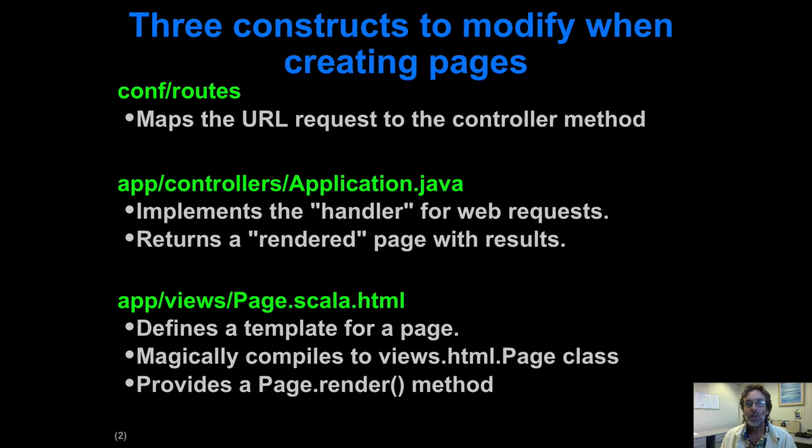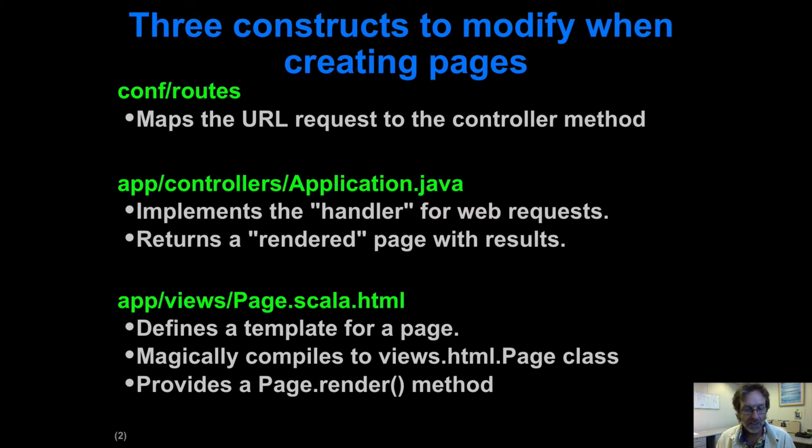And these are really kind of interesting, semi-magical files to a Java developer, because they look like templates for pages, and when you write them, that's the way you're thinking about them. But they are also Java classes, which is the crazy thing, and it's a crazy cool thing, I'll say. And it has to do with the fact that Scala is the underlying language for Play more than Java is.